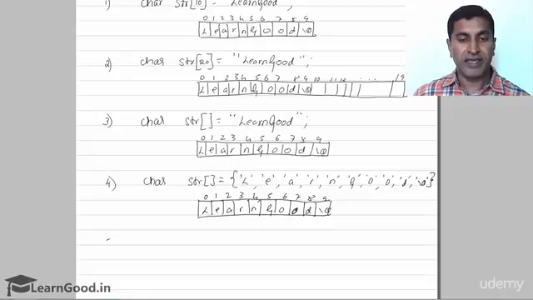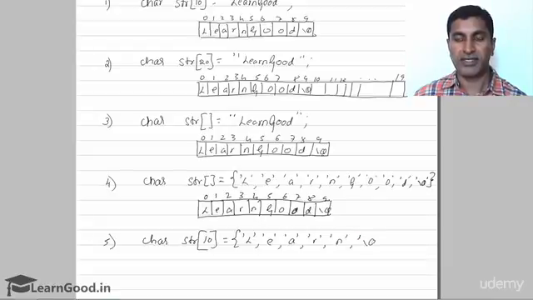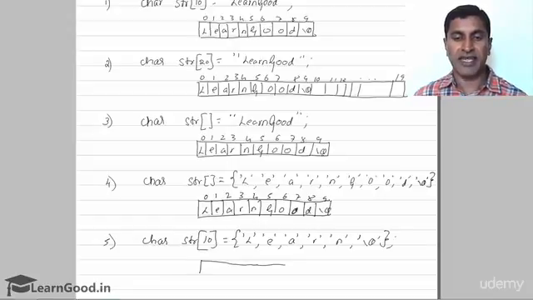So there's another way. Here I didn't mention the size of the array. If you want, you can specify the size of the array by giving here str of 10 is equal to, within curly braces, as L, E, A, R, N. You have to assign that \0. So in this case, it is going to create a 10 element character array.